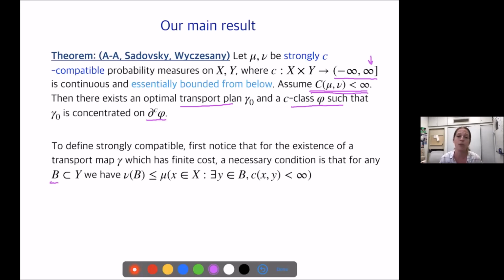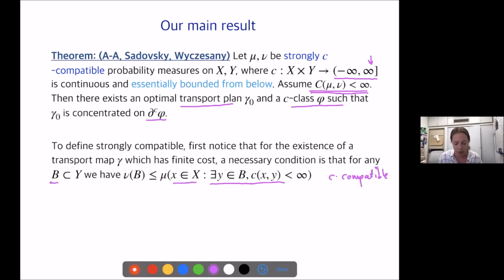Because you have to transport into B exactly the measure nu of B. So there have to be enough points in x that are allowed to be mapped to this set B, so that there is some y in B with finite cost between x and y. Okay, so this is a trivial necessary condition for the mere existence of a transport plan with finite cost between mu and nu. This I call c-compatible, if this happens for any subset B of y.